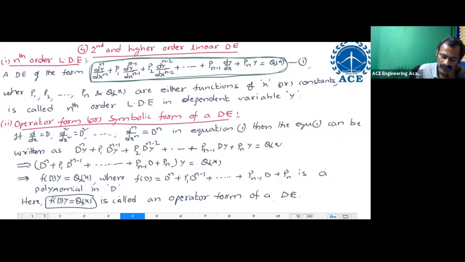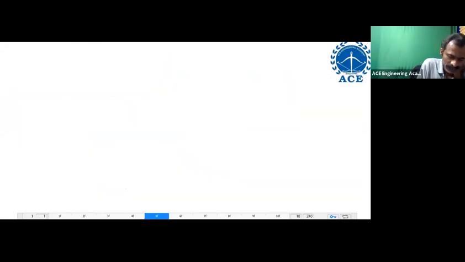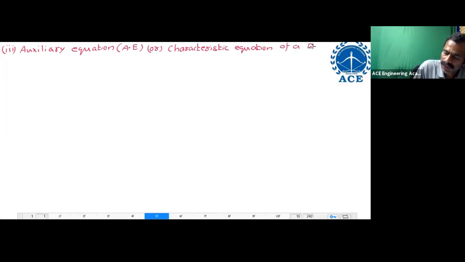The first one is the nth order equation. The second one is its operator form. Next, the third one is the auxiliary equation, in short form A.E, or characteristic equation of a differential equation.